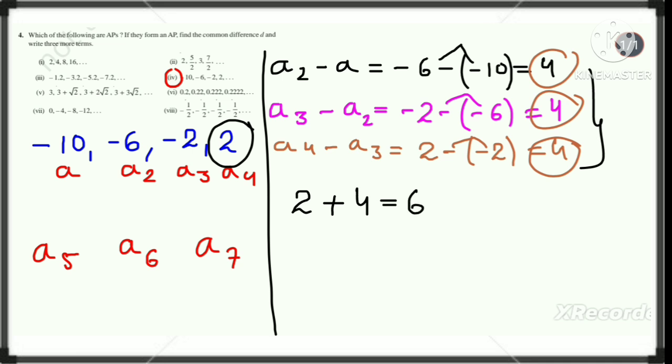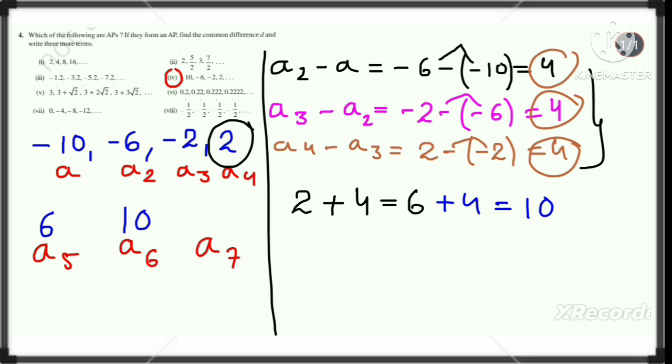So the 5th term, we obtain here 6. Now after adding the common difference to the 5th term, we obtain 10, and this is the 6th term.